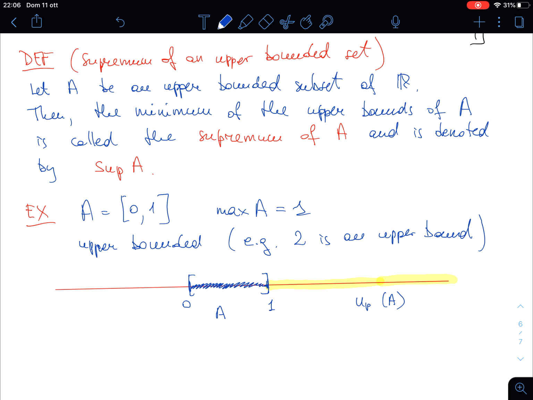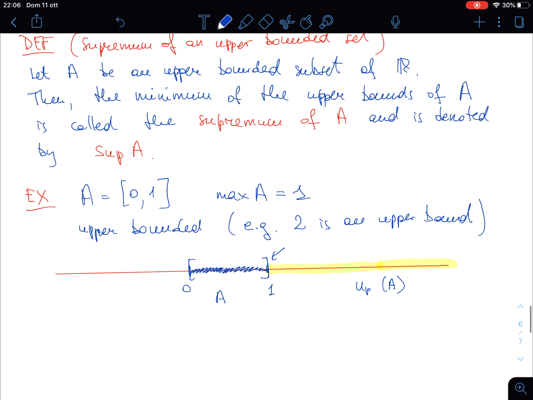So what is the minimum of up A? Let me understand what is up A. Up A starts from 1 and goes to plus infinity. But notice that 1 is not only the maximum, it is an upper bound of A, because all elements of A are not larger than 1.